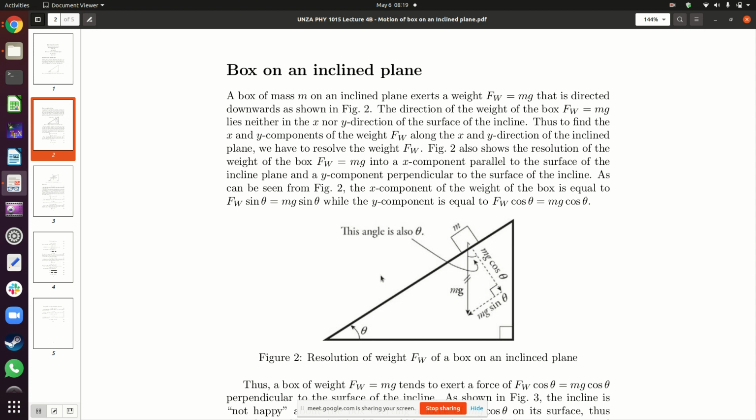Any object near the surface of the earth which has got mass m has got a weight acting on it. It's being pulled down by the earth with a force of mg, mass times acceleration due to gravity. So there is a weight acting on this box which is pointing downwards, as you can see here.